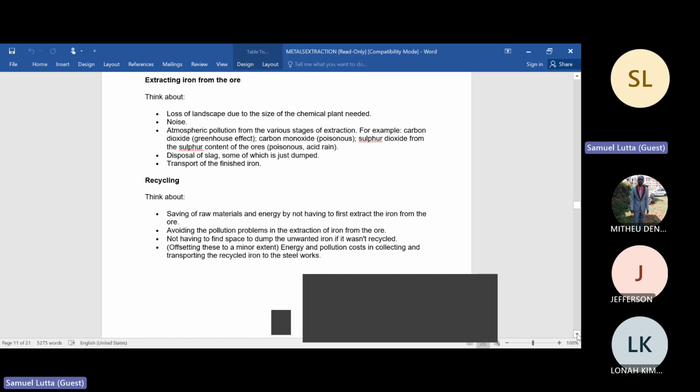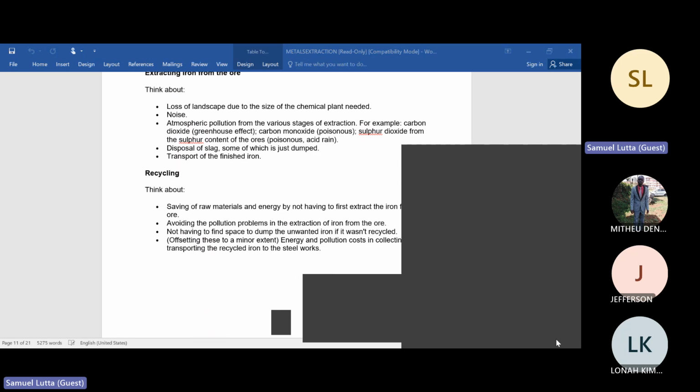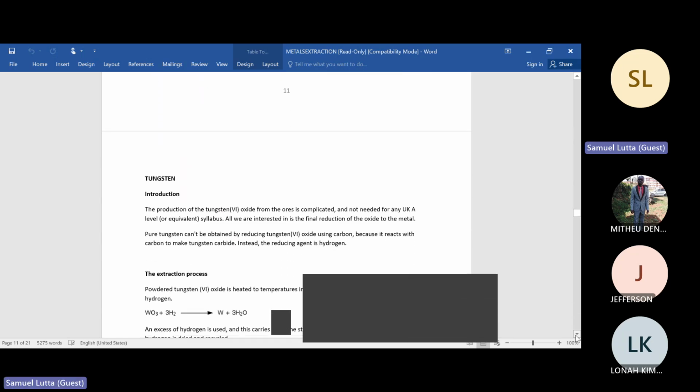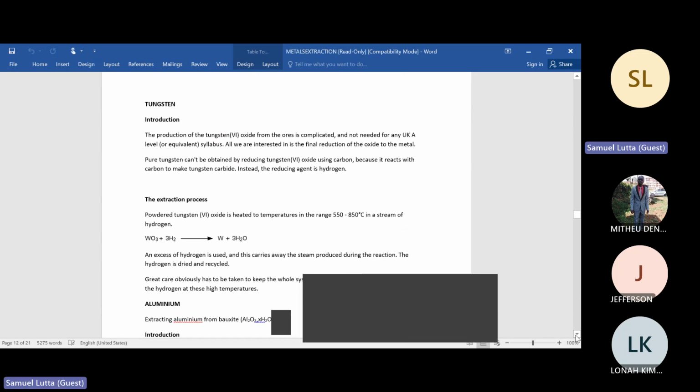Recycling will also be cheaper because it will not use the same process as the original process. So the solution here is recycling. You can decide to recycle the product instead of getting it from the raw material.